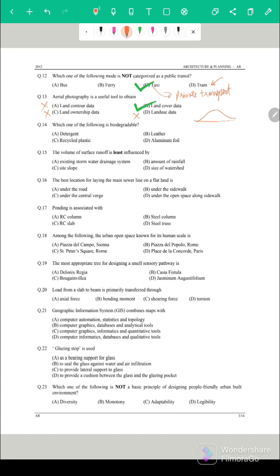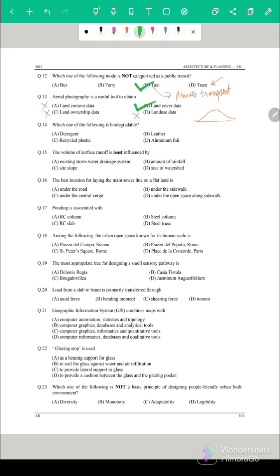So whether the land is commercial or used for essential purpose, or the land is industrial, or there is a green cover or forest in a land. This information we get from land use data, but aerial photography is generally used to obtain the land cover data only.